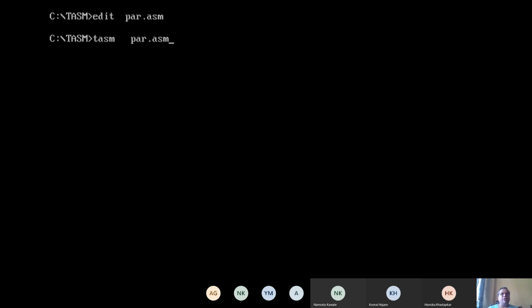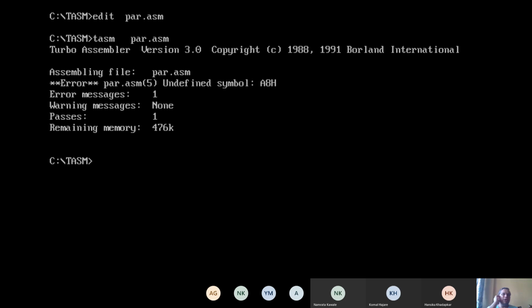Let's say tasm par.asm. So you can see this is giving me an error. And what error is it saying? Error par.asm. In brackets they have written one number, that is 5. That means in line number 5 there is an error. So this number is important, which is coming in the bracket, because if you want to remove the error from the program, you should exactly know where the error is, in which line.